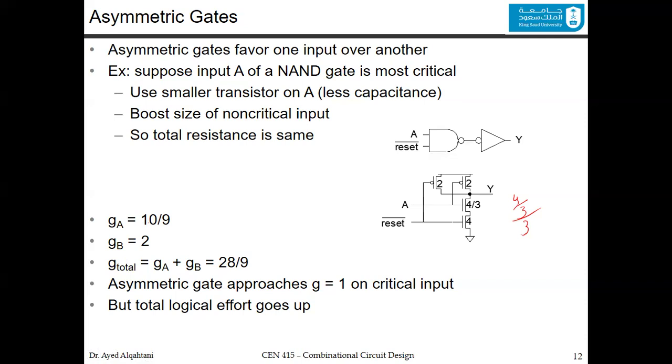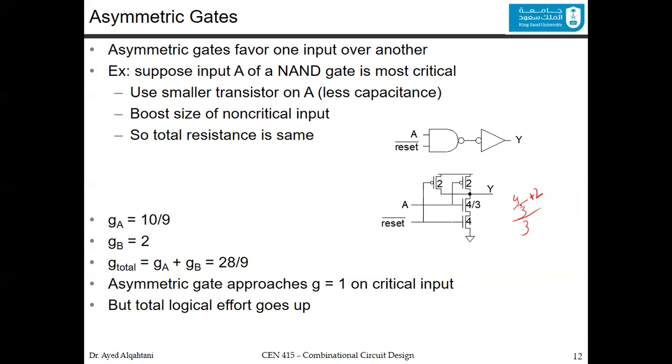So let's find the logical effort of A first. For the A, we said that the sizing here is 4/3, and we didn't change the sizing in the PMOS. So it's actually going to be 4/3 plus 2/3. So it's the input capacitance divided by the inverter input capacitance that we compare to.